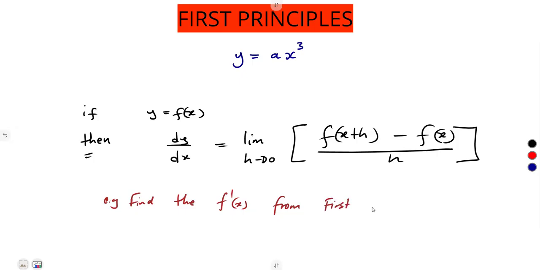Let us say this is what we have: if f of x is equal to 2x cubed.